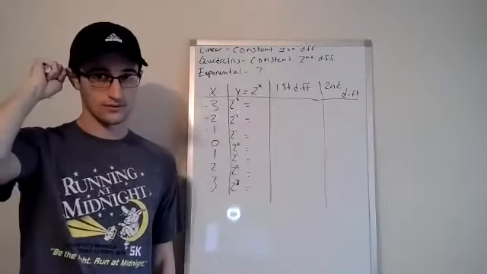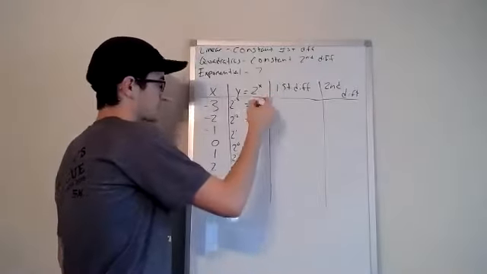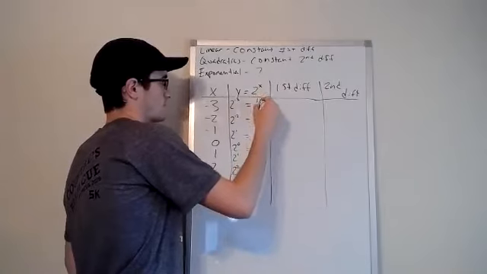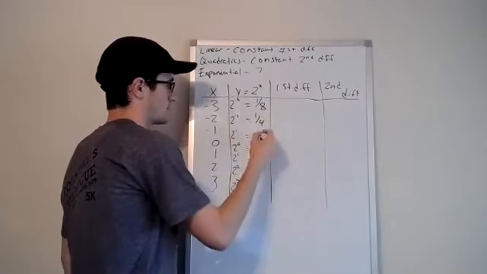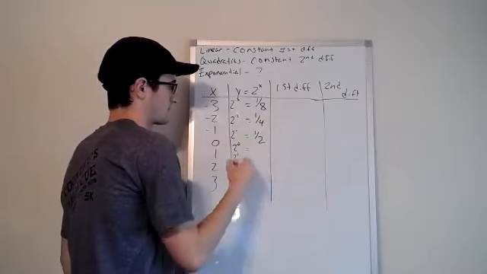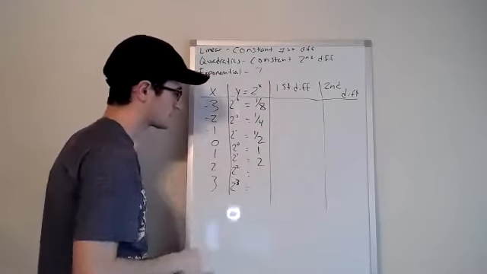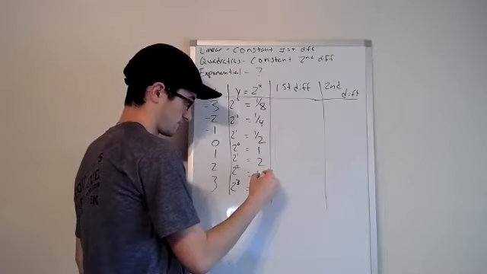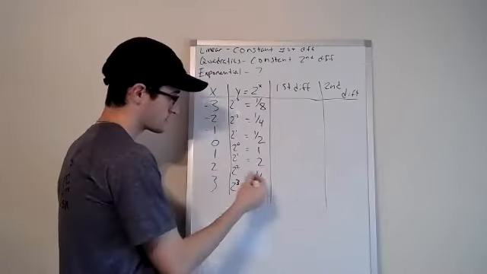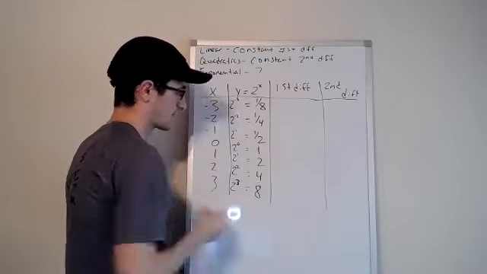But for sake of time, 2 to the -3 is going to be 1/8. 2 to the -2 is 1/4. 2 to the -1 is 1/2. 2 to the 0 is 1. 2 to the 1 is 2. 2 squared is 4. And then 2 raised to the third power is 8.